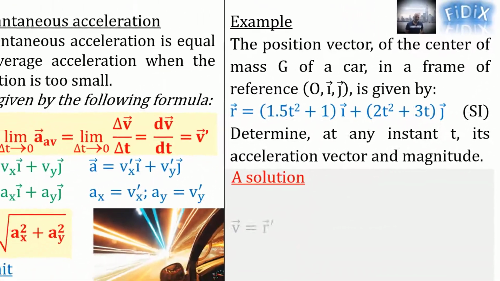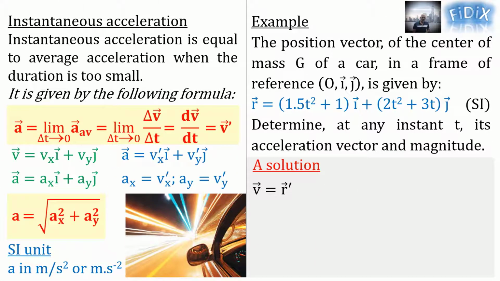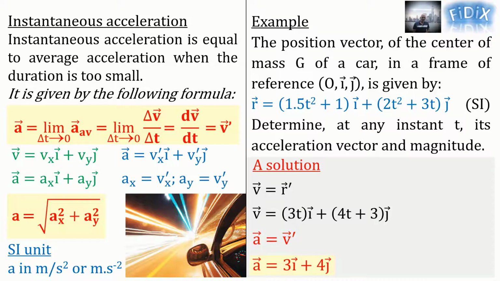To solve the problem, we start by writing the formula v equals r prime and differentiate r with respect to time to get the instantaneous velocity. Then we apply the formula a equals v prime and differentiate v with respect to time to get the instantaneous acceleration. a equals 3i plus 4j.